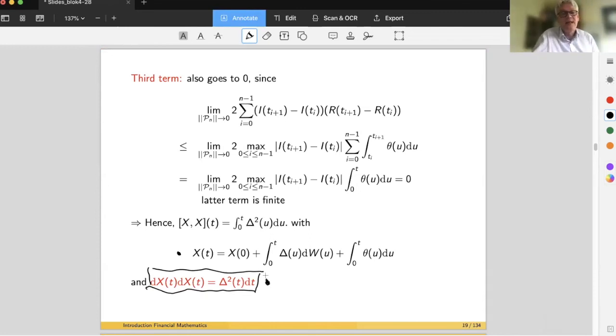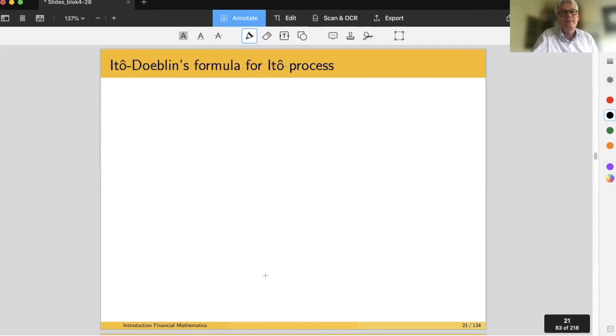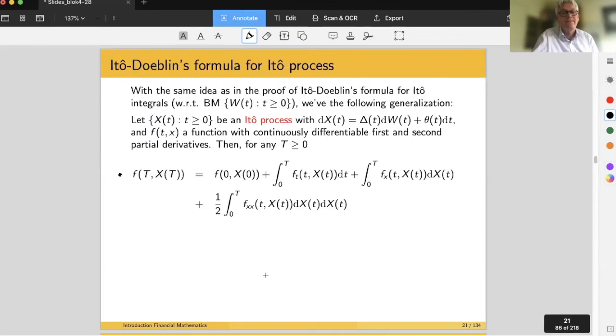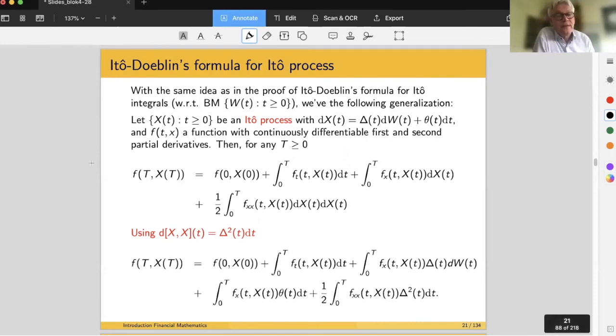Let's use that. And when substituting for dx this here, and for dx t dx t using this expression related to the quadratic variation, we end up with the following form.